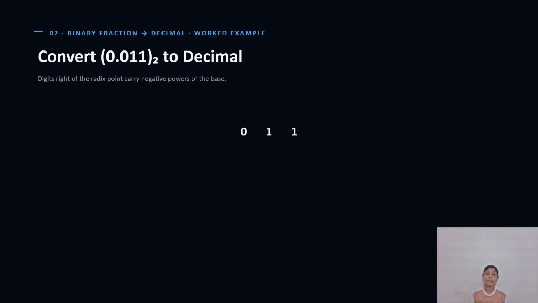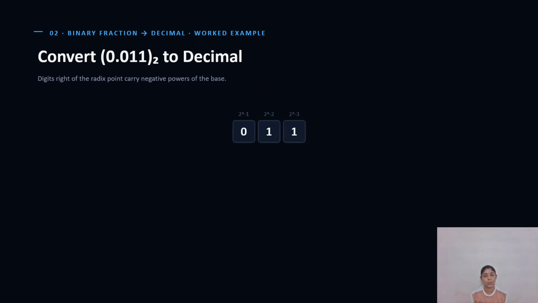If it is a fractional part, it is a negative power. Already we discussed that. So based on that, here you have to apply. So 0.011. After the radix point you have to consider the fractional values 0, 1, 1.